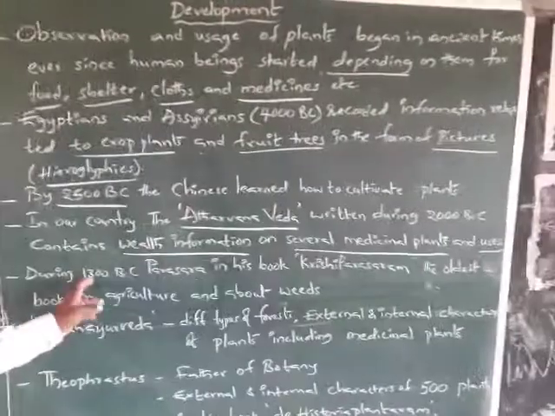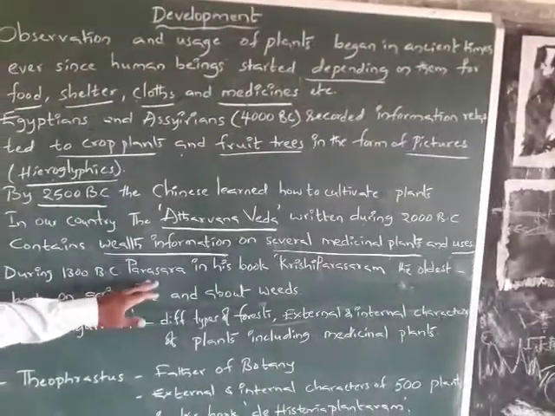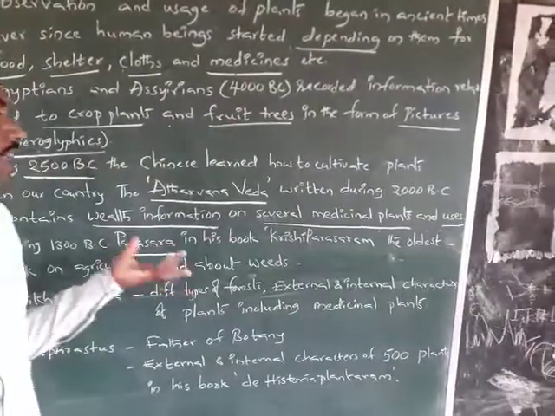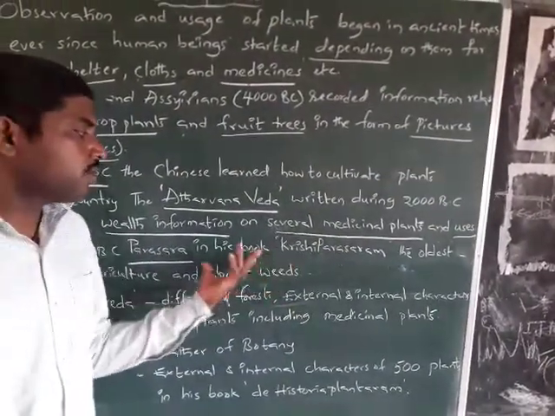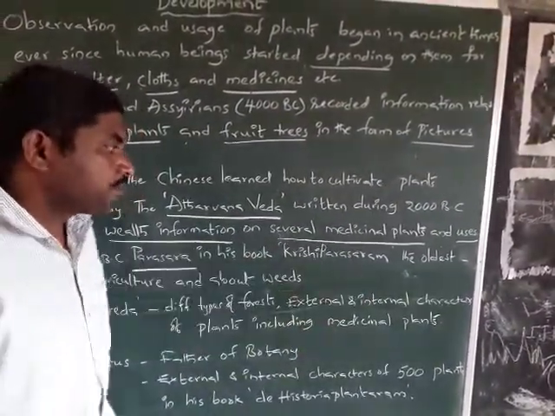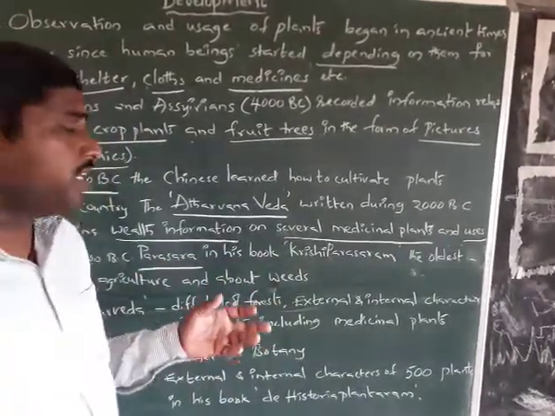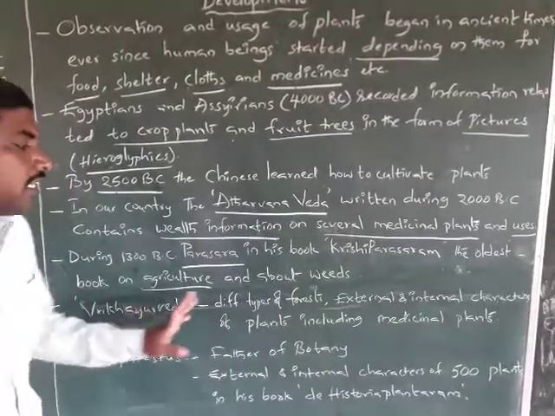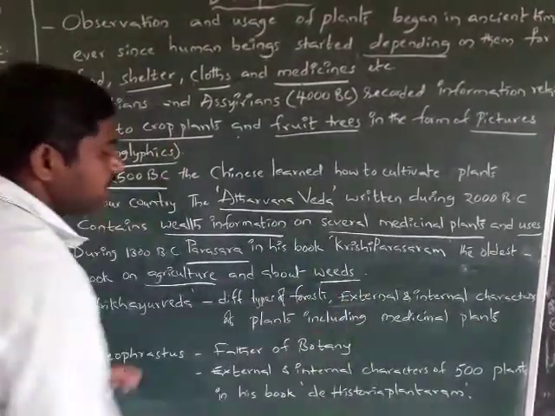During 1300 BC, Parasara wrote a book called Krishi Parasaram.